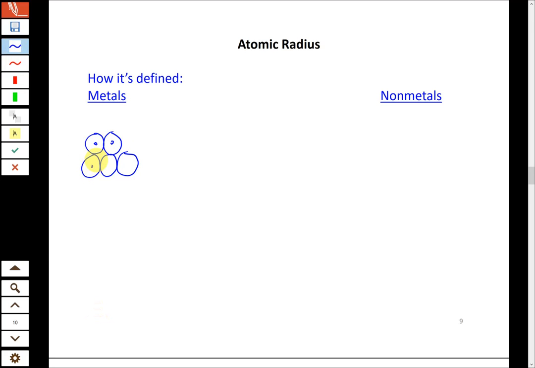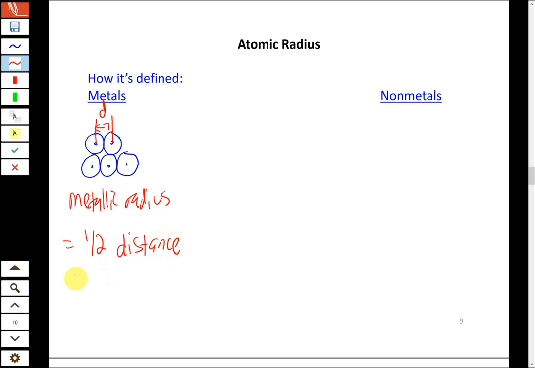So all these little dots here represent the nuclei for the metal. And if we measure this distance here, half of that distance is going to be what's called the atomic radius. We call that more specifically the metallic radius if it's a metal, but more generally it can be called the atomic radius, and it's going to be equal to 1/2 the distance between adjacent nuclei.